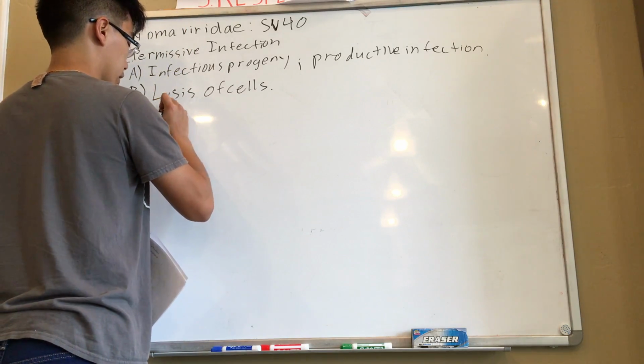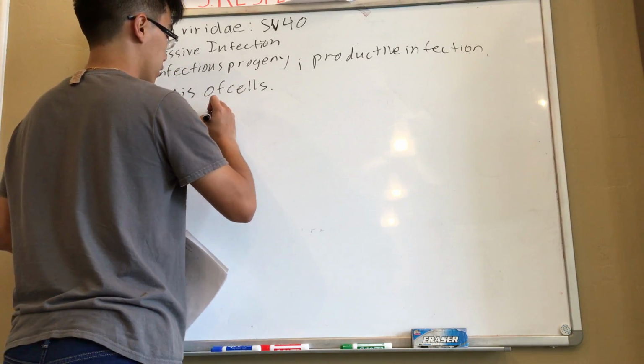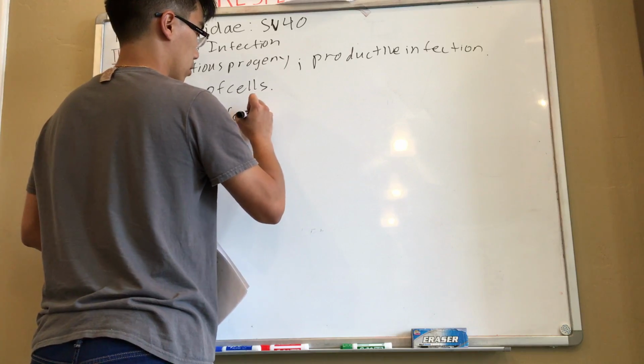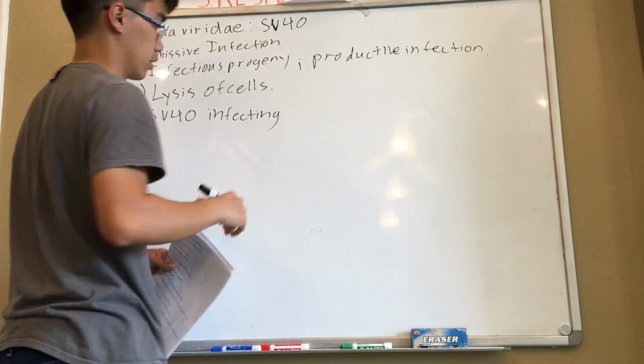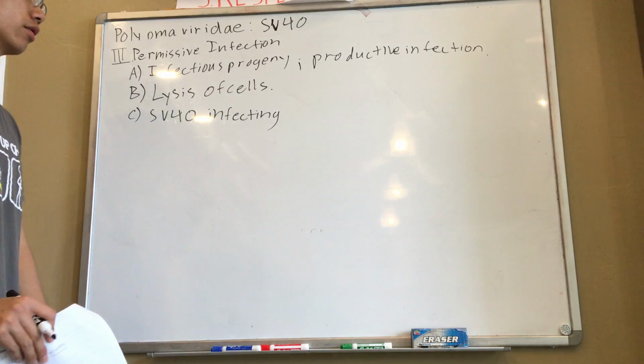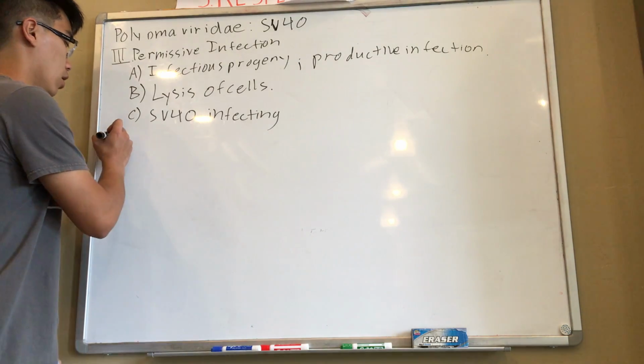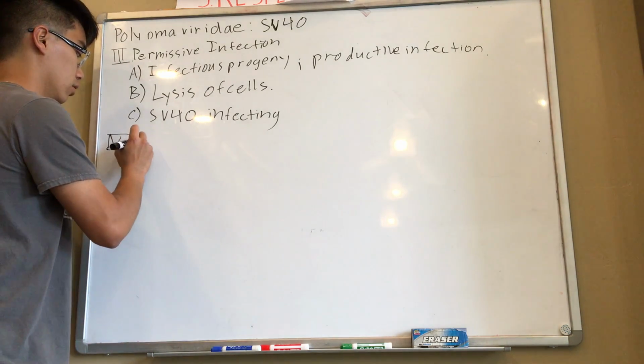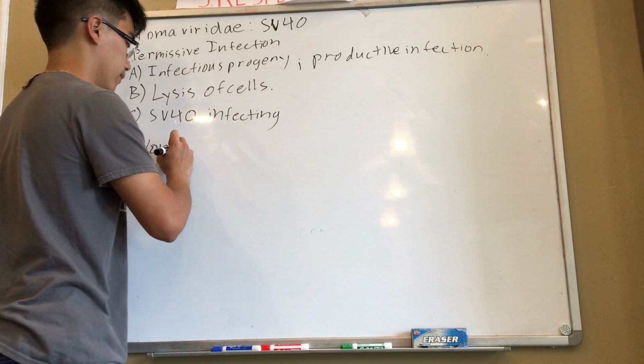Think of SV40, a monkey virus infecting monkeys. It's permissive because the monkey cell permits the virus to enter it and ruin it. In contrast, you have non-permissive cells.